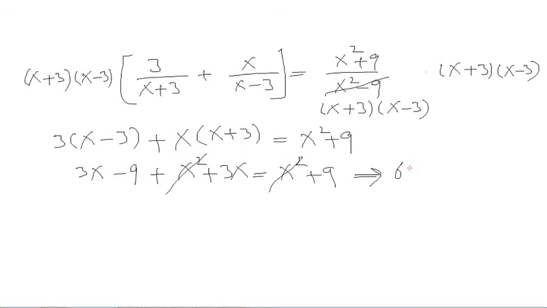This implies that 6x equals 18, which implies that x equals 3. Let's see whether x equals 3 is an accepted solution. X equals 3 causes a zero denominator here. So this is an extraneous solution and we have to reject it. So in this case, no solution.